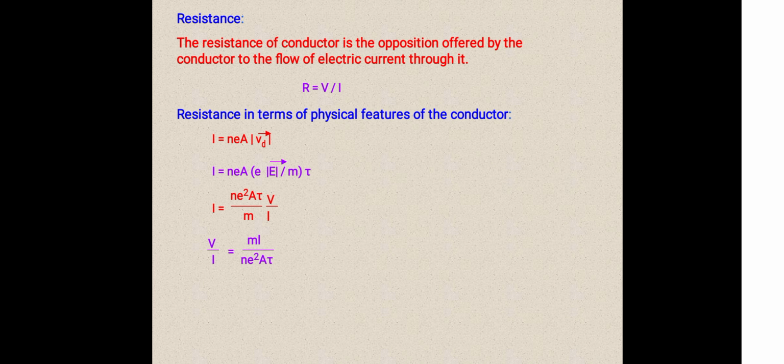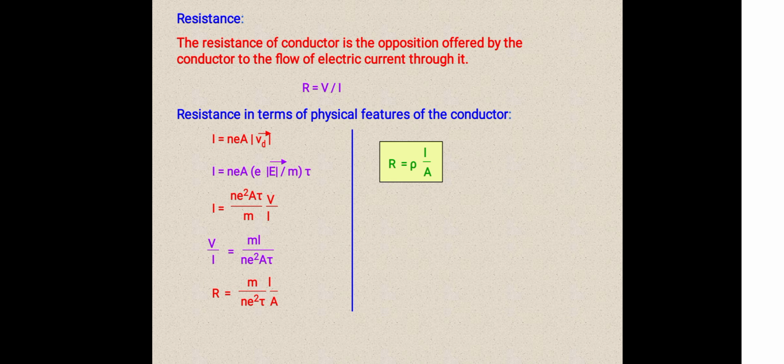Or V by I equals m l by n e square A tau. So R will be m into l by n e square tau into A. Or also you know that R equals rho into l by A.